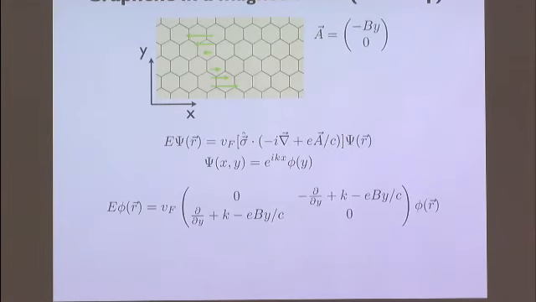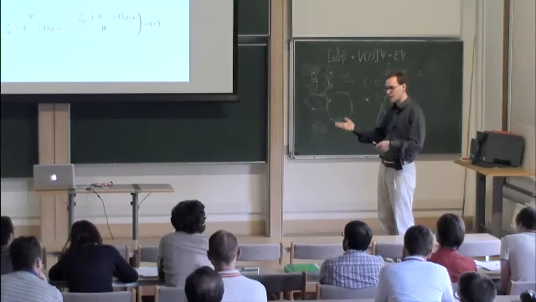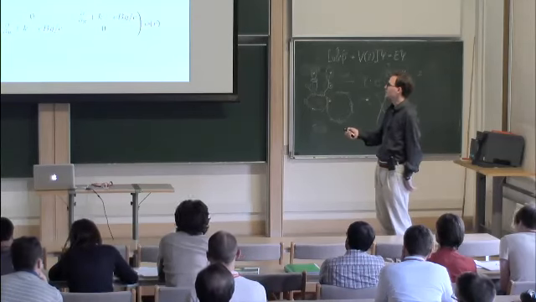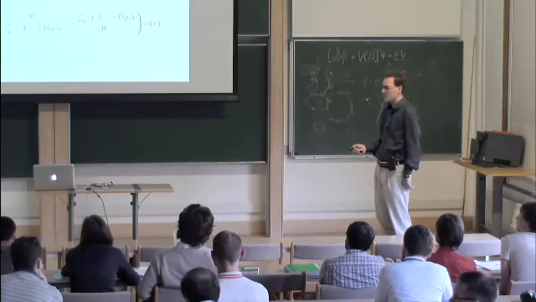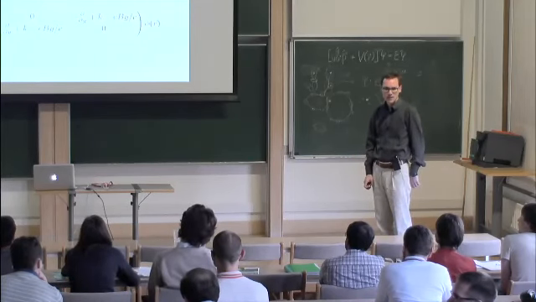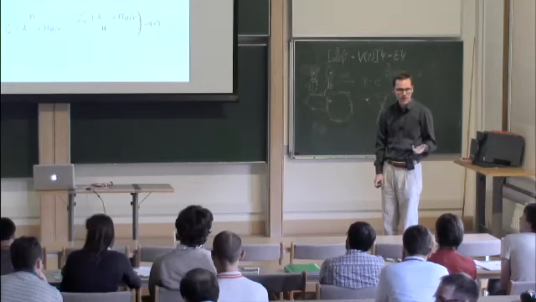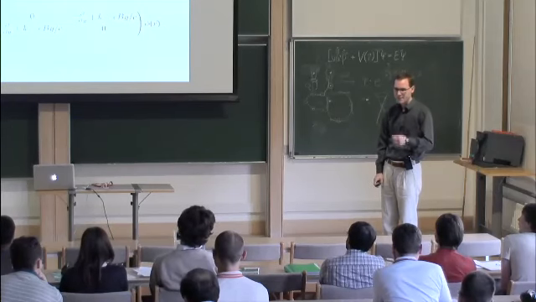This at first sight may not look very familiar, but we can take a hint from the solution of the non-relativistic quantum Hall effect, where I already indicated that it's very closely related to the harmonic oscillator. Actually, if you pick a gauge like this and you write down the Schrödinger operator together with the vector potential, you will quickly find that you directly have a harmonic oscillator potential that is shifted by an amount given by k.